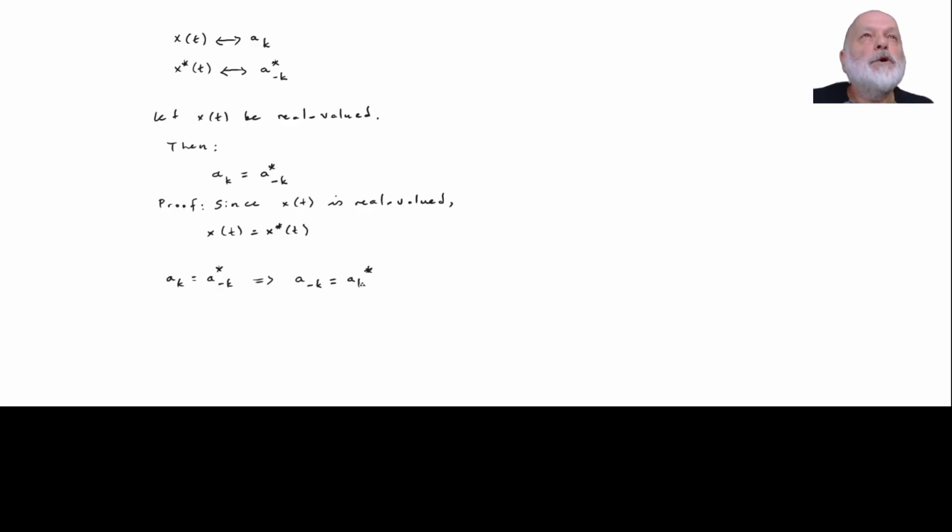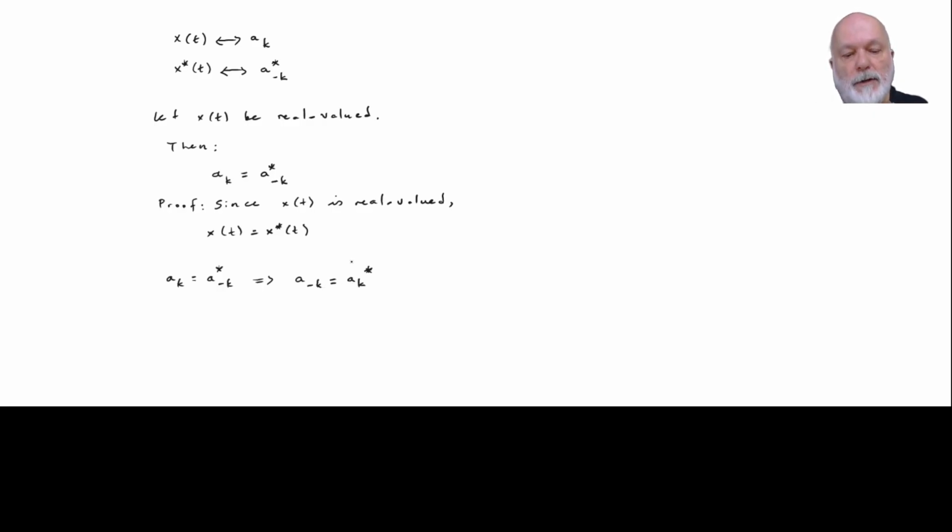Well, another interpretation of this result is as follows. Here we easily see the following. Now, the positive index k corresponds to the frequency k omega 0 in the complex exponential signal. And similarly, minus k corresponds to minus k omega 0. So we have the positive and negative frequency concepts.